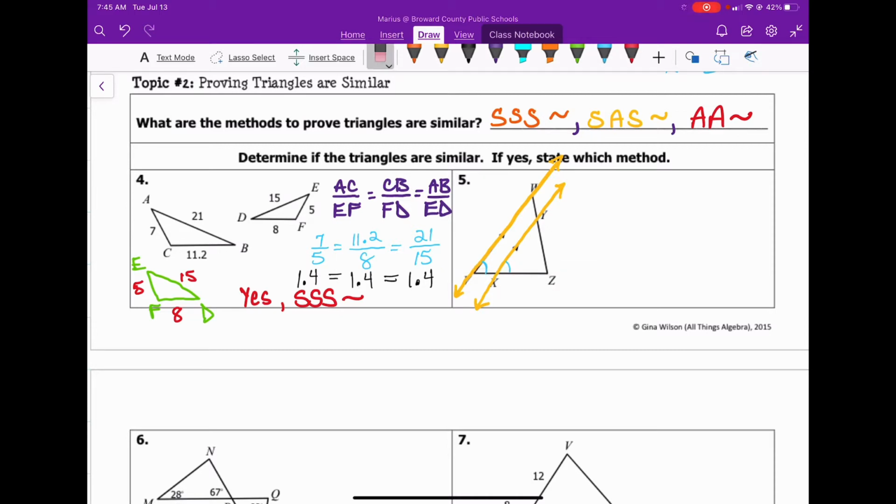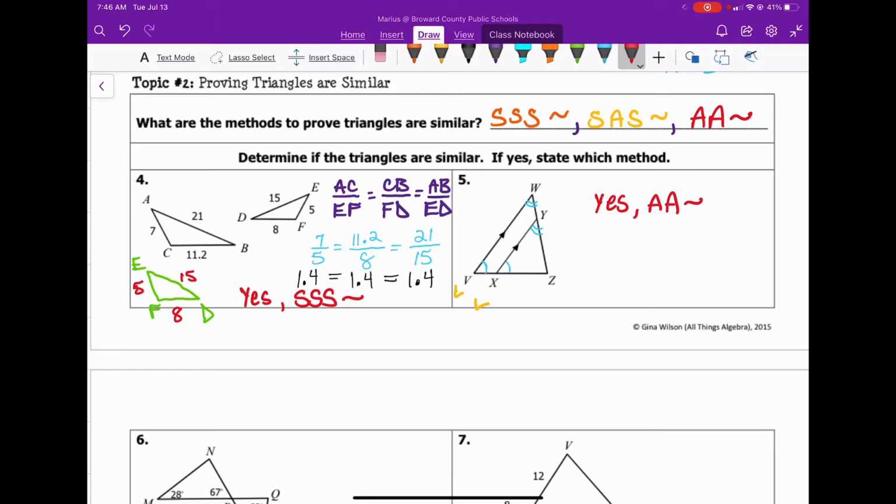Now, if we erase that and look at this other transversal right here, we also have another set of congruent angles, here and here. Now, if we get rid of all of those, we can see that we have two sets of angles that are congruent. And with that much information, we can simply say, yes, they are similar because of angle, angle.